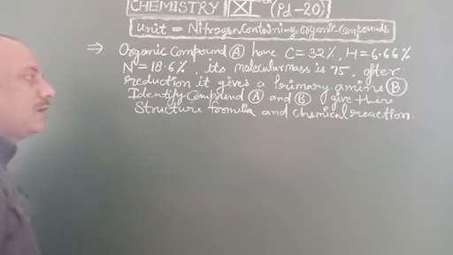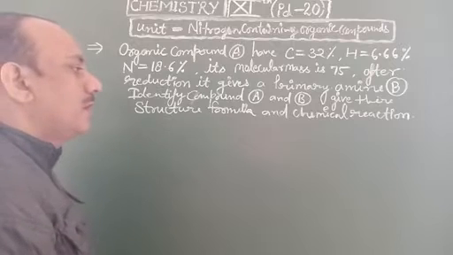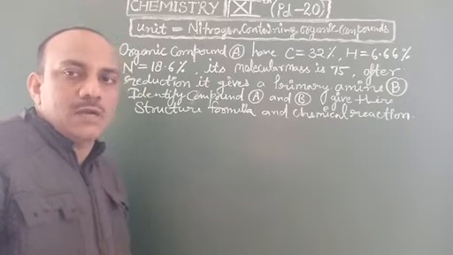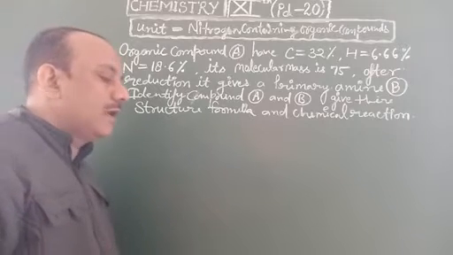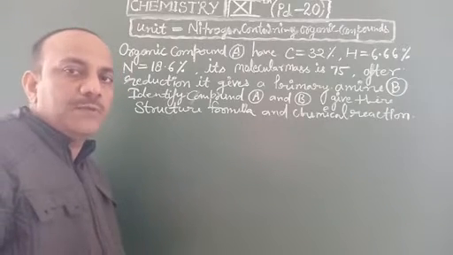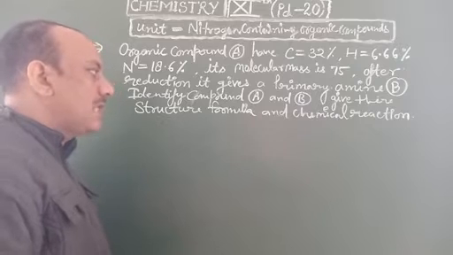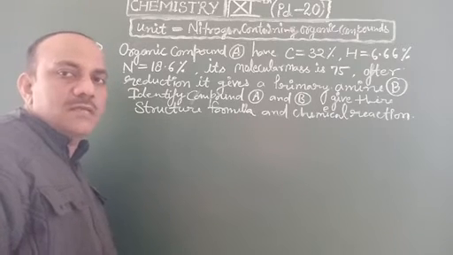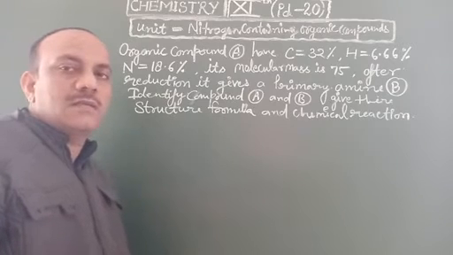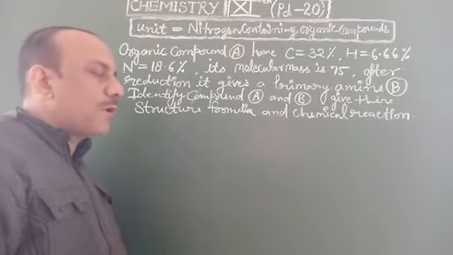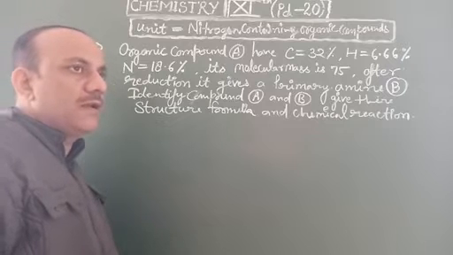Today we are going to discuss analytical questions in the unit nitrogen containing organic compounds. In the previous class we also studied their three sections. In section A, alkylamines, the compounds are methylamine and ethylamine.